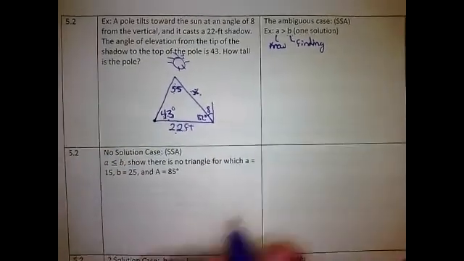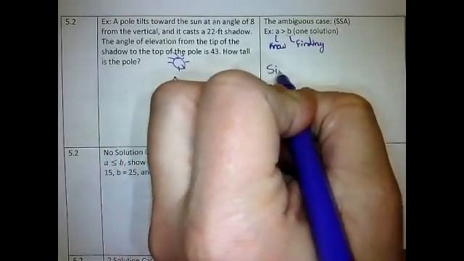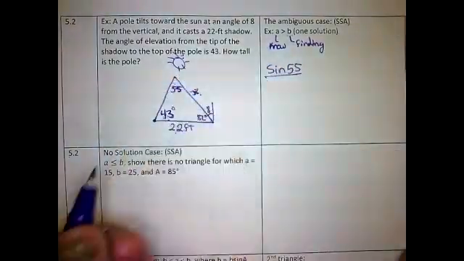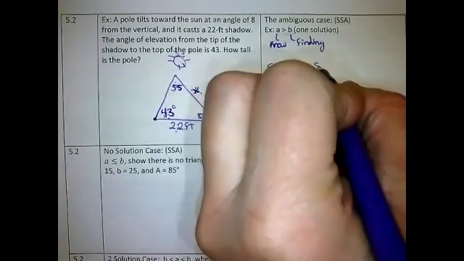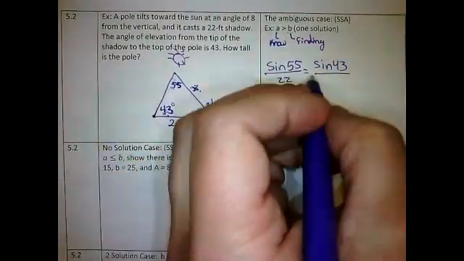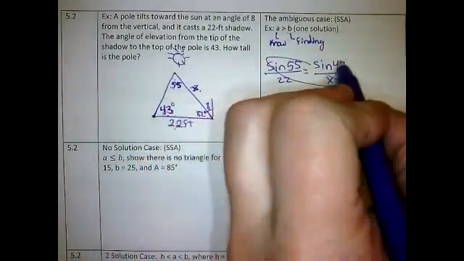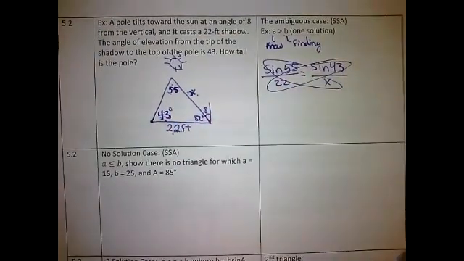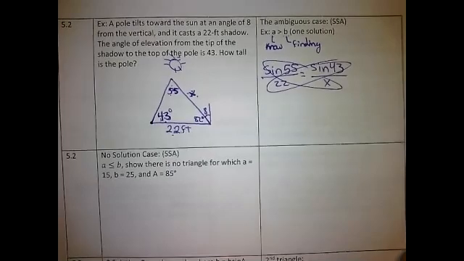All right, so now I'm going to do sine of 55 over 22 equals sine of 43 over x. And now, once again, I'm going to cross multiply and solve. So I get 22 times sine of 55 divided by, wait, what did I do?